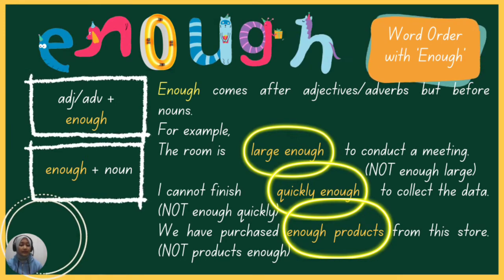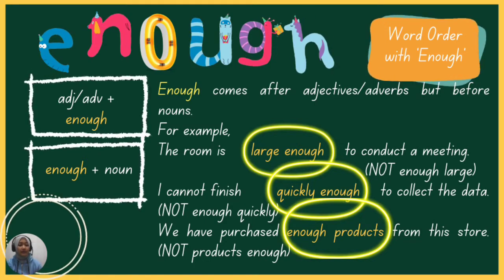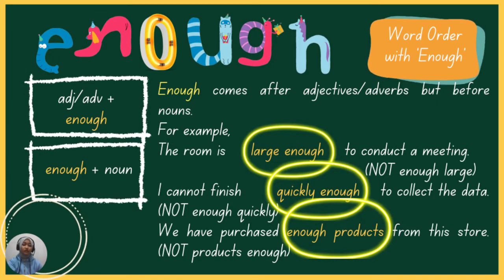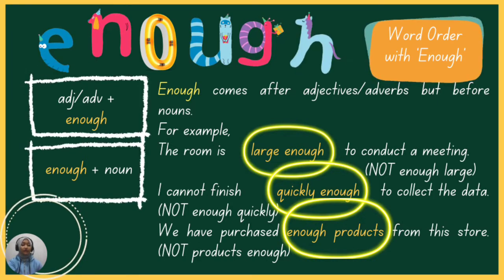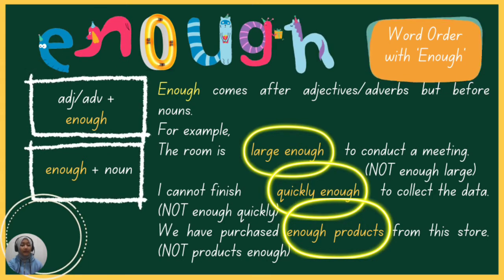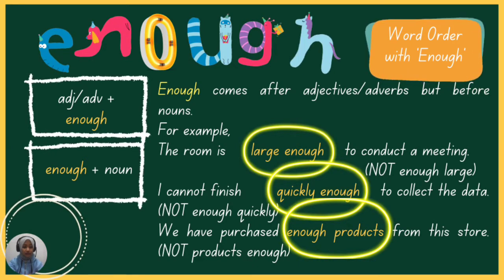Jadi apabila kita menggunakan enough bersamaan dengan adjective or adverb, maka kata enough tersebut akan muncul setelah adjective or adverb. Oke ya. Dan apabila kita menggunakan kata enough bersamaan dengan noun, maka kata enough tersebut muncul sebelum noun.